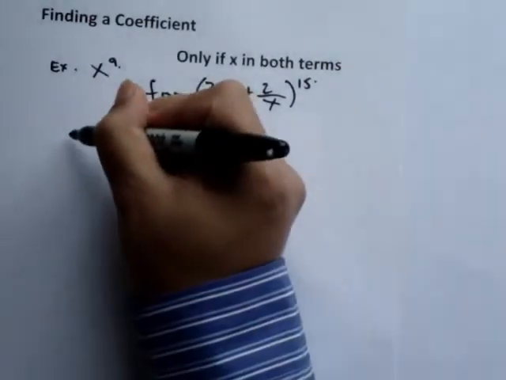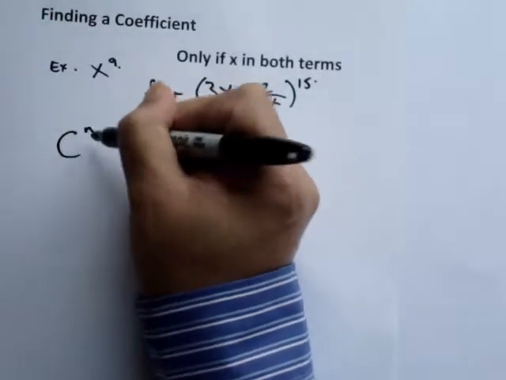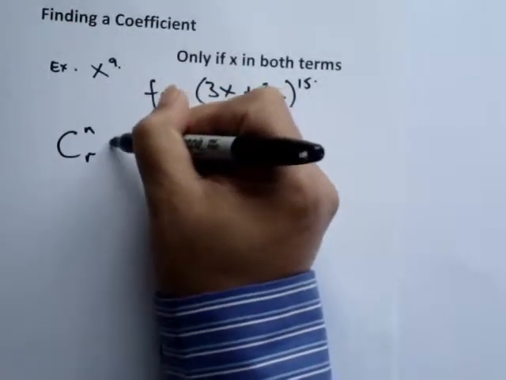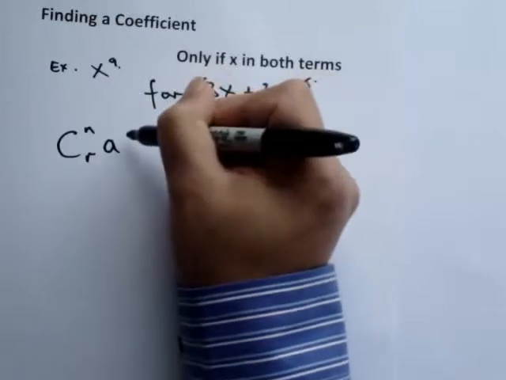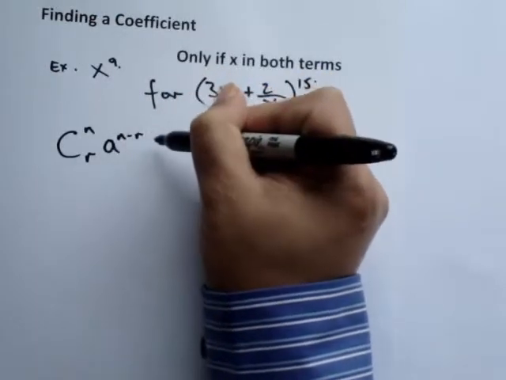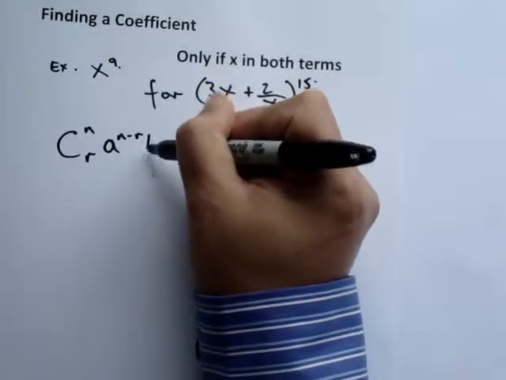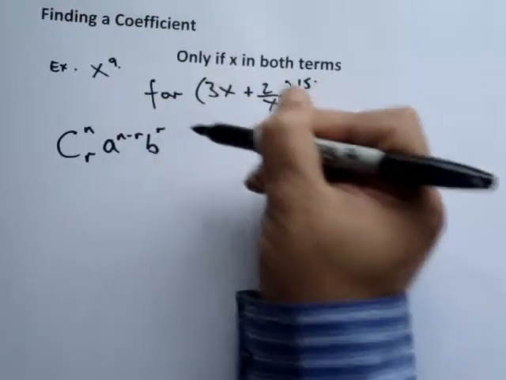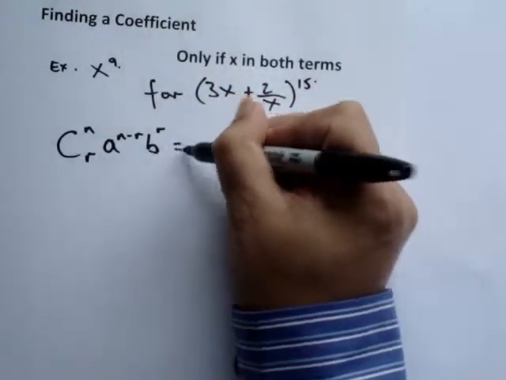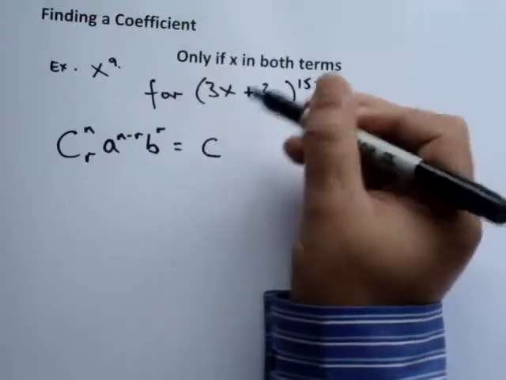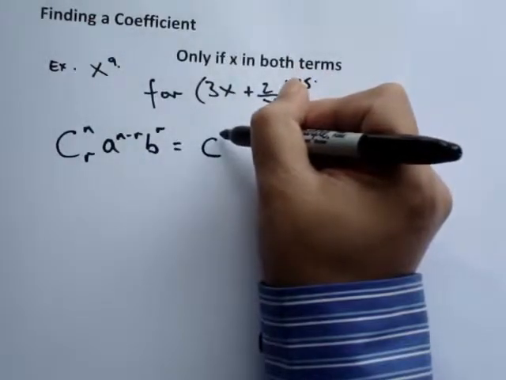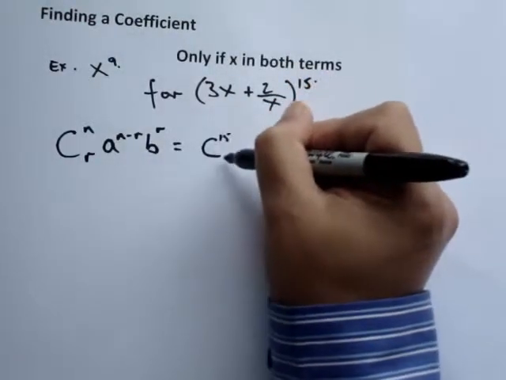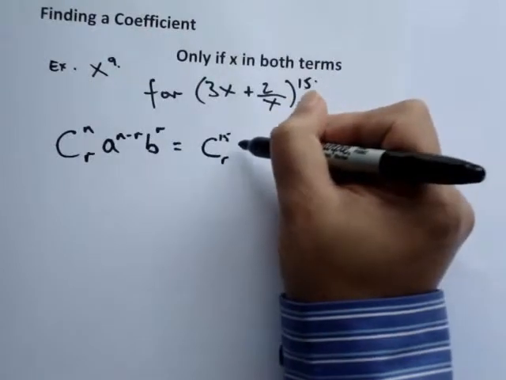So we know that our nCr a to the n minus r, and then b to the power r, would equal 15C, and then we know our n is 15. We don't know our r.